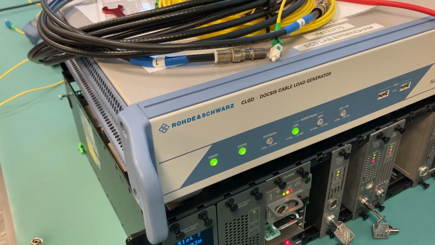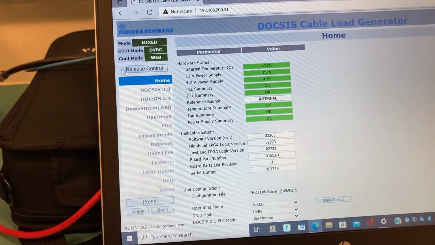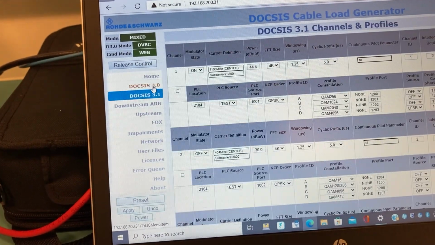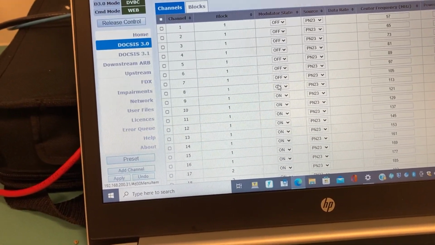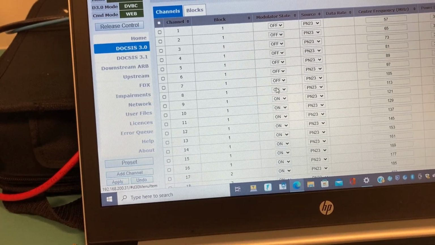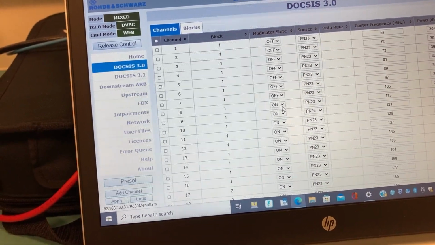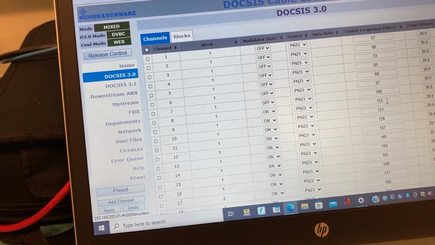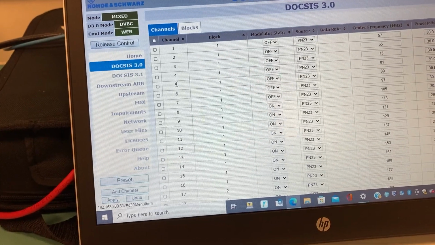The CLGD is programmed up to deliver a full 1.2 gigahertz channel load, so let's have a quick look at that. That consists of both DOCSIS channels and DOCSIS 3.1 channels. So what we have here is the first channel that's enabled, this one that's on 113 megahertz, and that goes all the way up to 1 gigahertz.